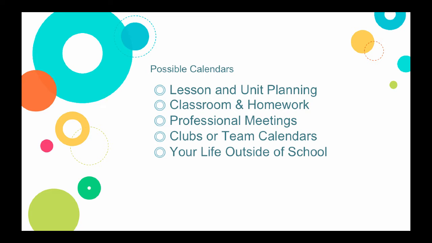You might have a professional one, like for example, one for your grade level or your department. You might run, like everybody else, clubs and teams and things like that. They might need their own calendar. And then, I know it's hard to believe, but you might even have a life outside of school that needs its own calendar.